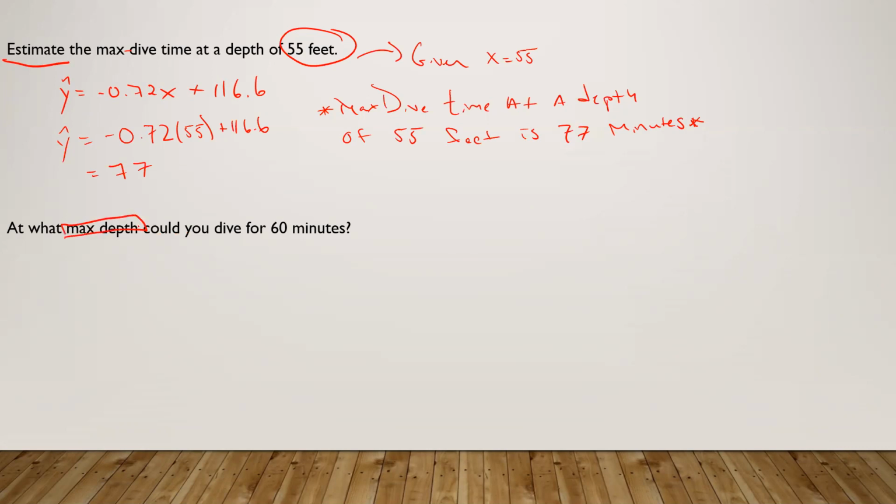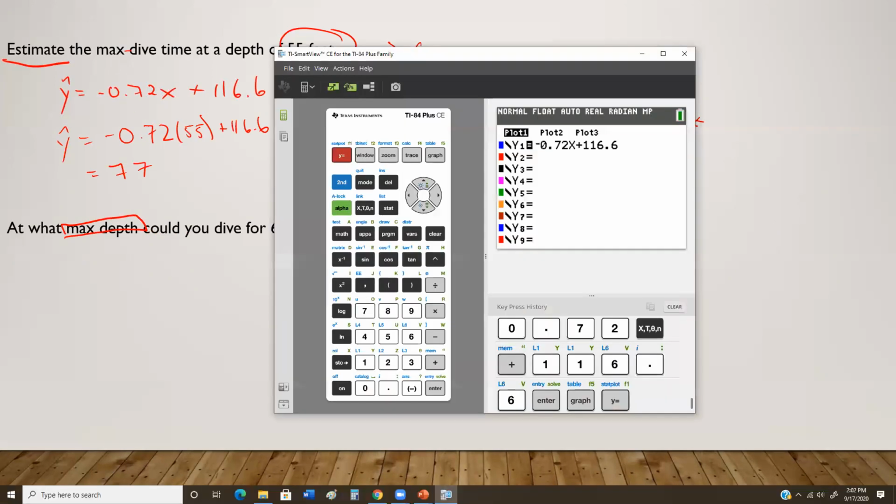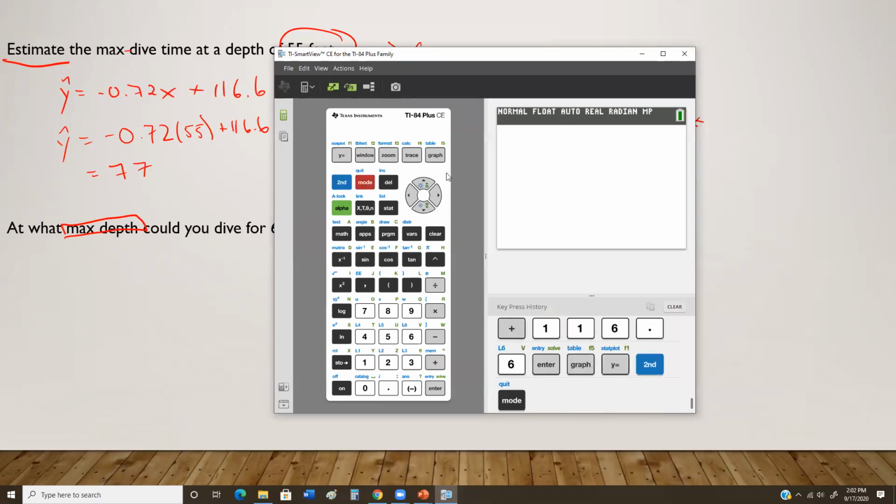Professor, how did you get 77? You just plug this in your calculator, right? You plug 55 in for x. So it's negative 0.72 times 55 plus 116.6. That's where that 77 comes from.